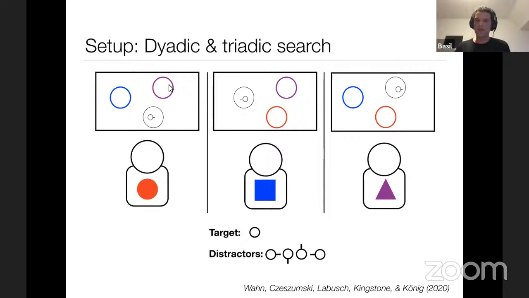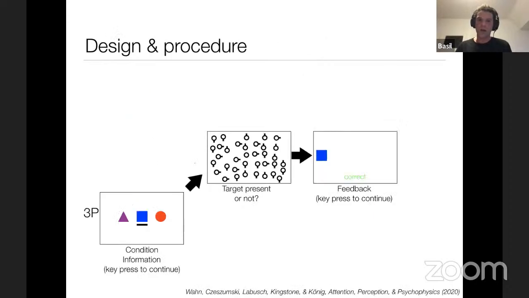Prior to performing any trials, participants would also get randomly assigned a symbol, and that was used to tell them in which condition they were performing the search task. So for instance, if they were performing the triadic search task, they would see this in the beginning.